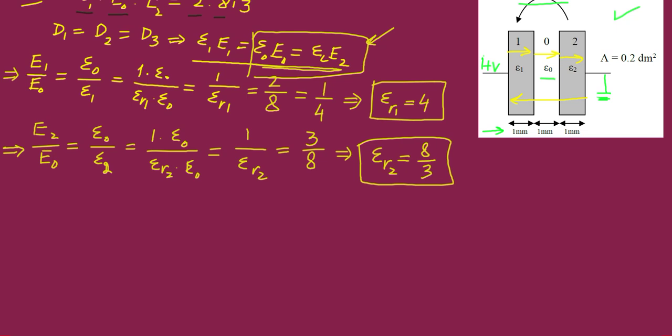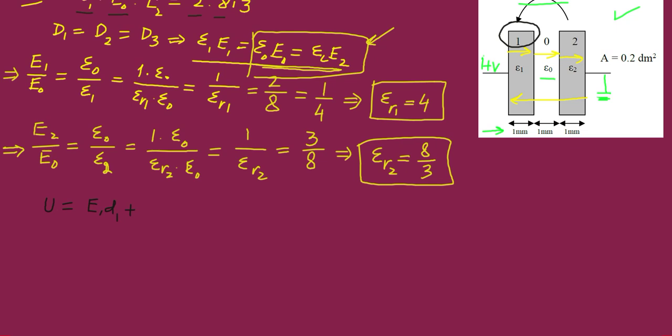The voltage across insulation 1 is equal to the electric field across it multiplied by its thickness. Similarly, the voltage across the air is equal to the electric field multiplied by the thickness of the air.